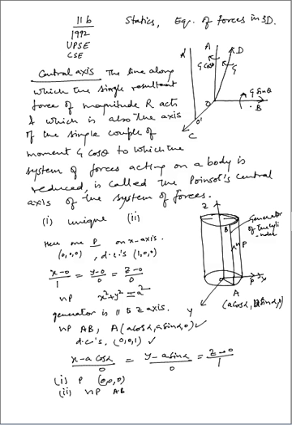So the DCs of this generator AB are 0 0 1. So there are two forces, and we can find out components x1 y1 z1 and x2 y2 z2 of these forces parallel to the axes.